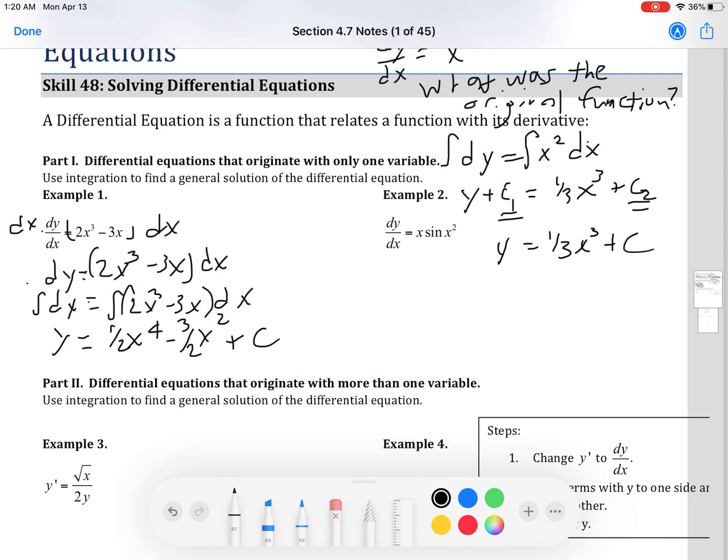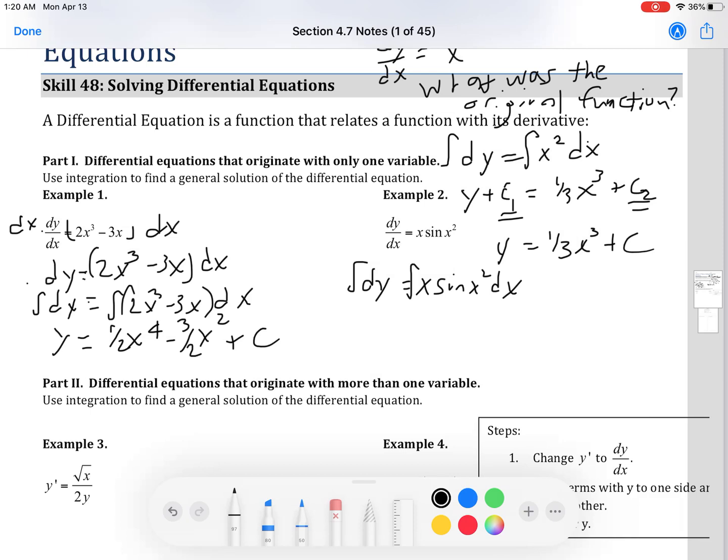Example 2 is a little bit harder level because we have something that requires maybe a u substitution type of deal. So I'm just going to get the dx on the other side first. Make sure that you are integrating on both sides, because we don't want dy, we want y itself. And to get there, you take the integral on both sides.